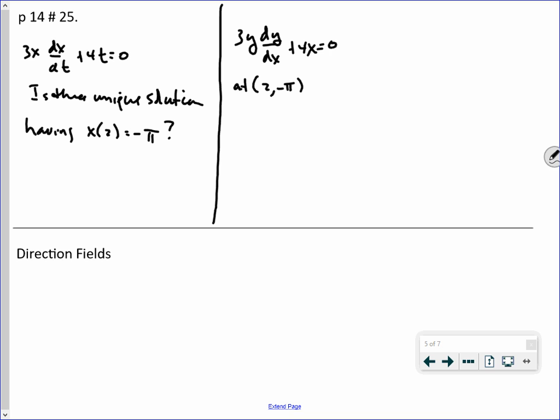The theorem had dy/dx equals f of x, y. So in order to use the theorem, I have to solve for dy/dx, because I don't have an f of x, y on the right side.